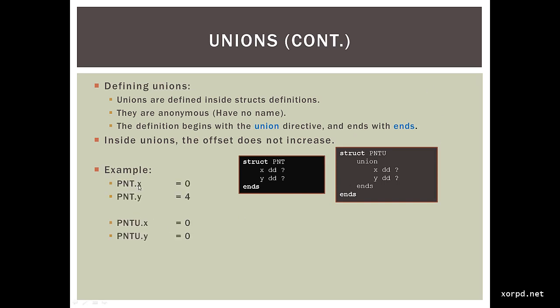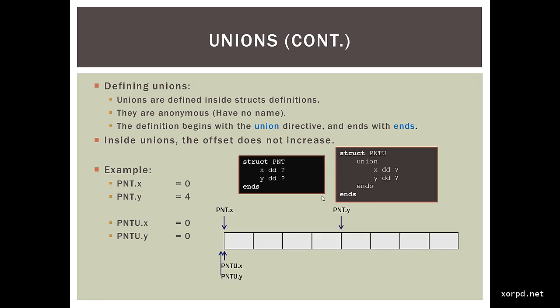Basically we have pnt.x is 0 and pnt.y is 4. However, pntu.x is 0 and also pntu.y is 0. Basically x and y are just different names for the same location when we consider the pntu struct. However, in the pnt struct, x and y represent different locations in memory.